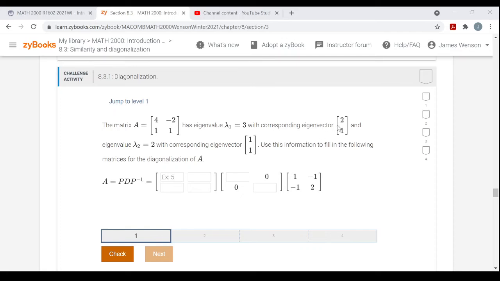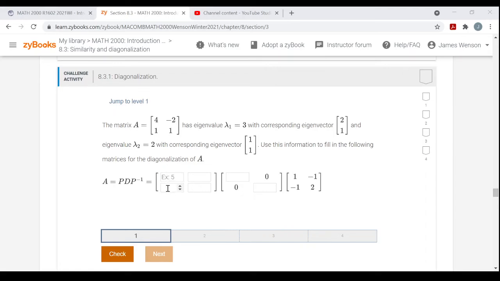Remember, you set it up so that 2, 1 is the first column of P. They have A equals P D P inverse, the other way. So P times the diagonal times P inverse should give me A. I was doing P inverse times A times P to give me the diagonal. Same thing, just in reverse.